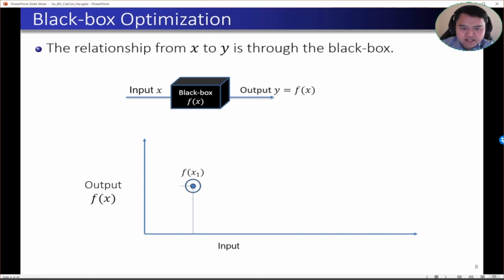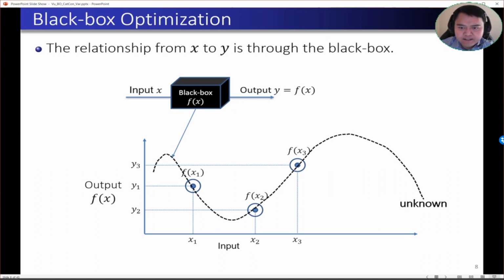With different input X, we have different output Y, and we want to learn from the underlying relationship between these observations to identify the unknown maximizer of that function. And this is the task we are interested in solving in this talk.